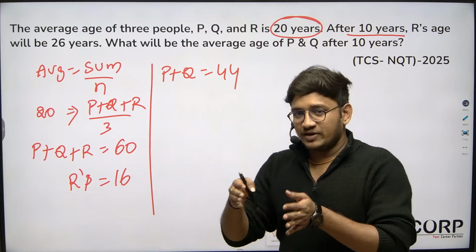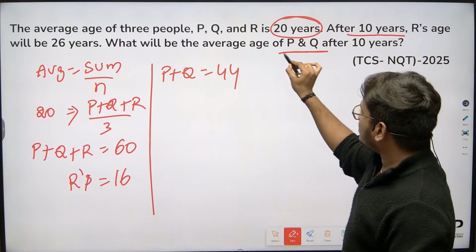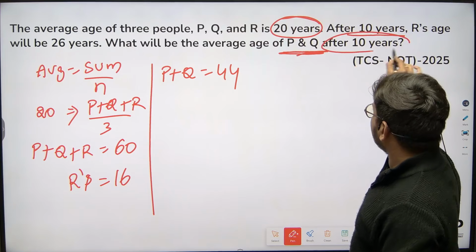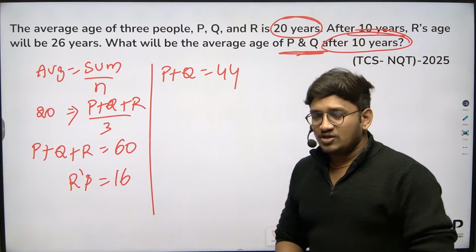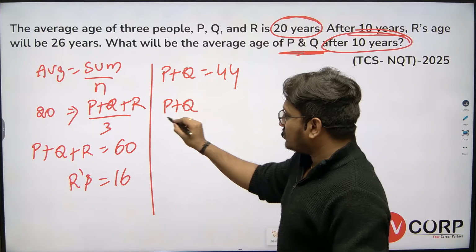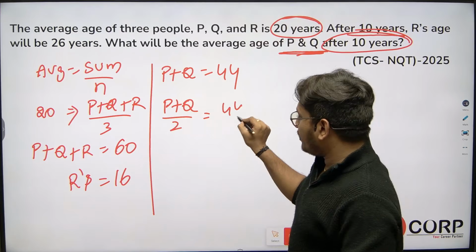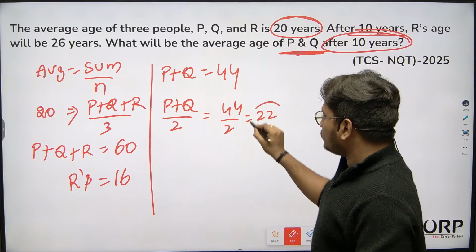The condition here is the average age of P and Q after 10 years. What is the present average age of P and Q? Can I say that it is P plus Q by 2, so 44 by 2, which is equal to 22 years.